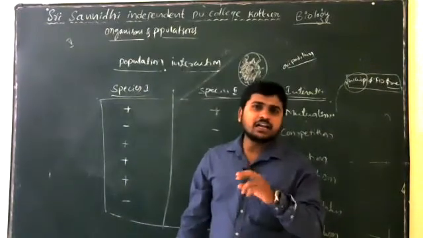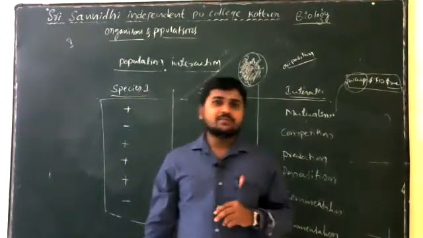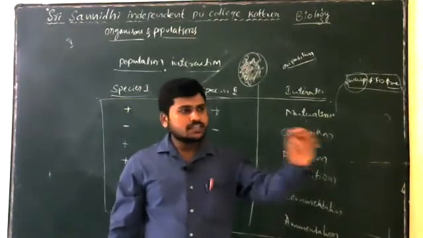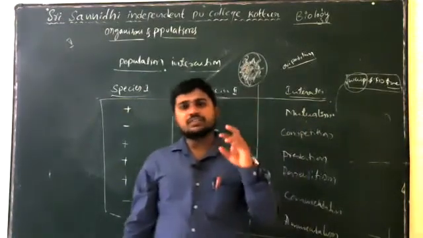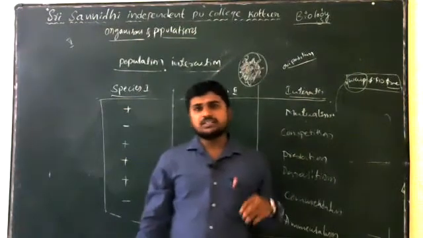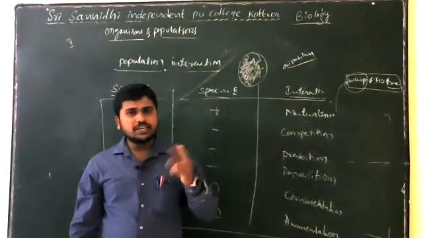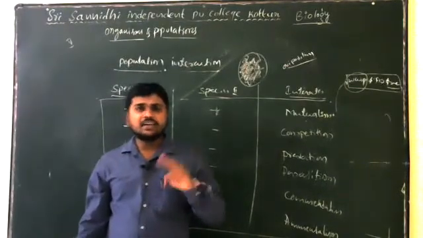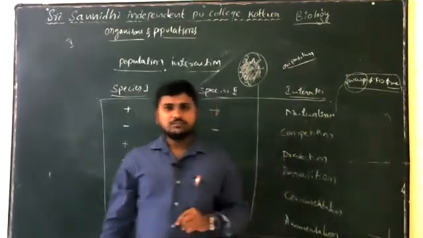Phycobiont means the algal component, algae or cyanobacteria, where both get benefited. Fungi absorb the nutrients and provide them to the algae. In return, algae are able to photosynthesize, produce sugars and provide them to the fungi. Both are mutually associated. Symbiotically they are living. That is an example for mutualism.